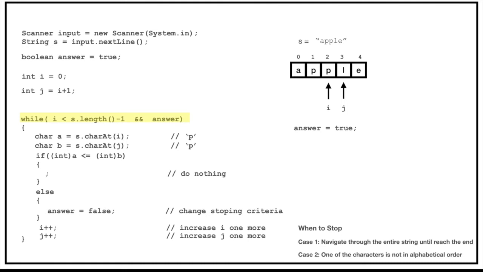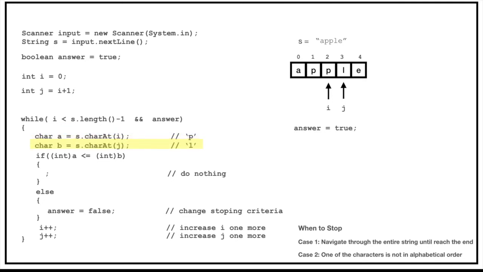Why? Because I is less than, in this case 2 is less than 4, and the answer also remains true. Again, we check: is the character at position I, this guy will be P, and then we extract the value at position J, which will be L.